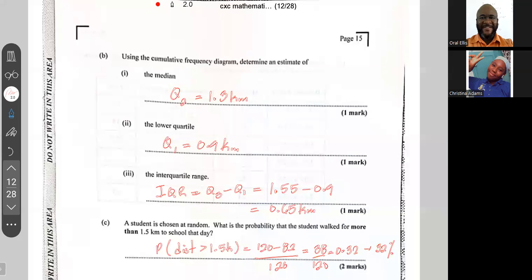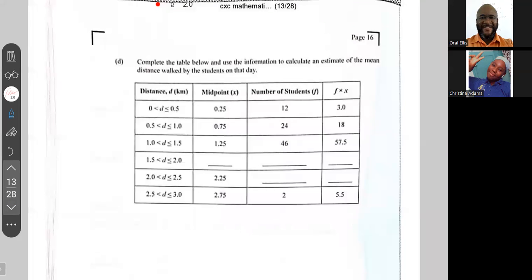So in completing the table, this is 30 students. Remember, N is the sum of the frequency, and this is a total of 120 students. So if we want to find the missing one, we simply add up everything and take it away from 120.